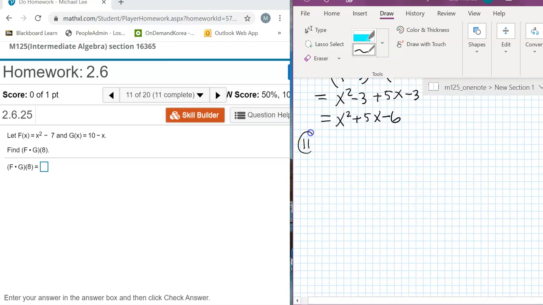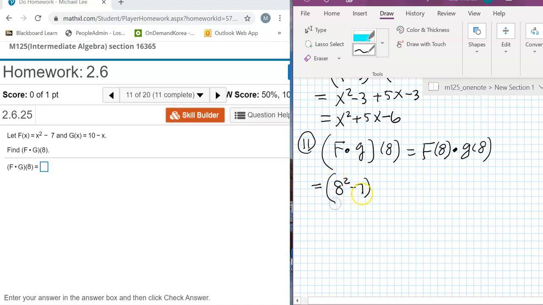What 11 is, now this is f times g of 8. This is the same as f of 8 times g of 8. Okay. So what is f of 8? It is 8 squared minus 7, times g of 8, 10 minus 8.